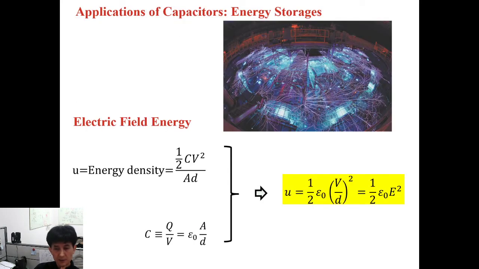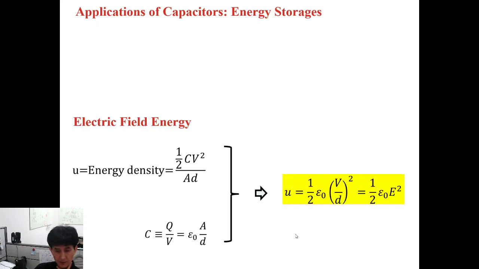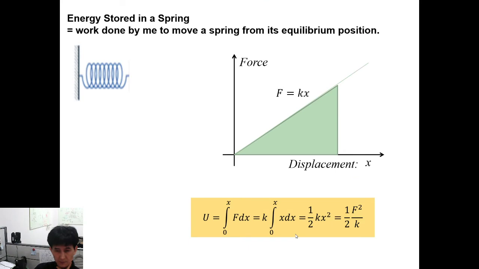It is very similar to the energy stored in the capacitor, because U is 1 over 2 C times V squared, or 1 over 2 Q squared over C. So this is very similar to the expression for the energy stored in a spring.